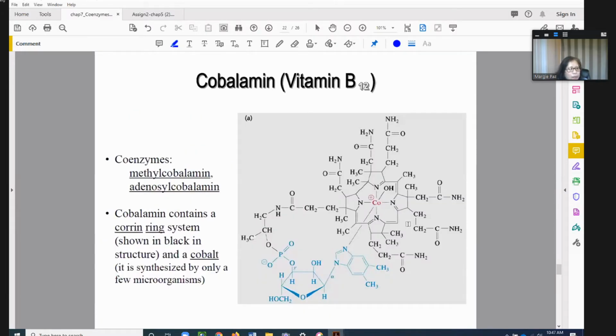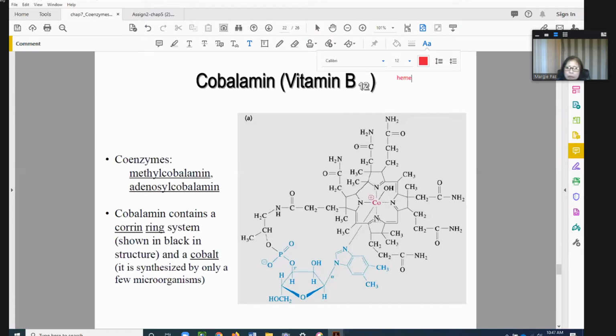The largest vitamin is vitamin B12, and it contains this ring structure here. This ring structure is actually similar to the ring structure found in heme. However, in heme, instead of cobalt here, what do we find again? Iron, right?